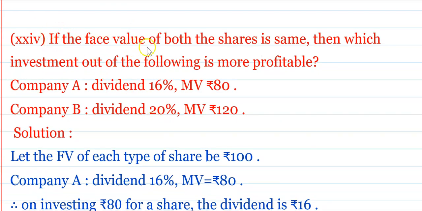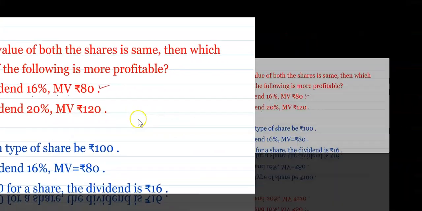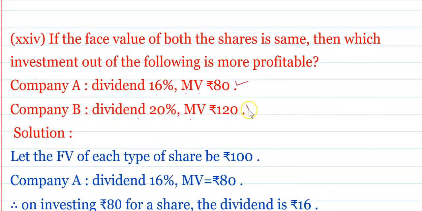If the face value of both the shares is the same, then which investment out of the following is more profitable? Company A, dividend is 16%. Market value is rupees 80. Company B, dividend is 20%. Market value 120. Let the face value of each share be rupees 100. The face value of both is the same.